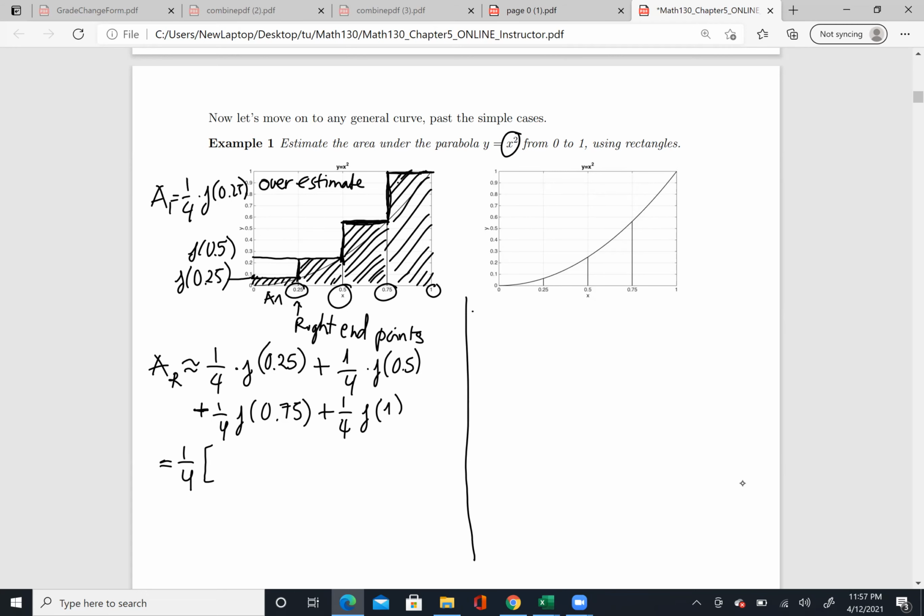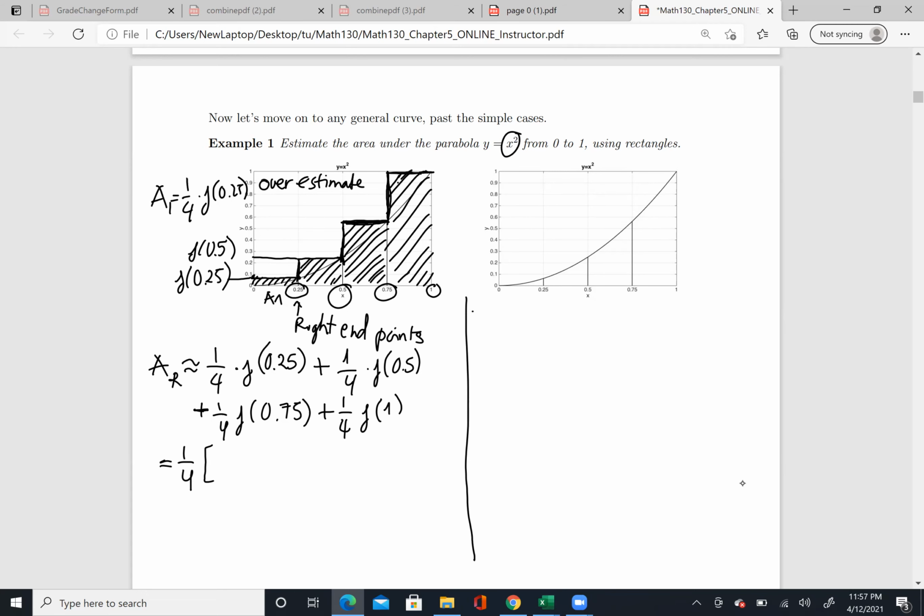Okay, so y equal to x squared. After you click on that, you're going to have to change this to f of x equals x squared here, and then from where to where? From 0 to 1, right? 0 to 1. So let me see.